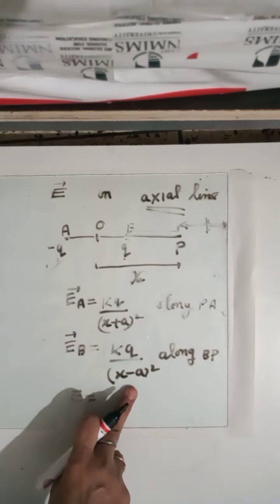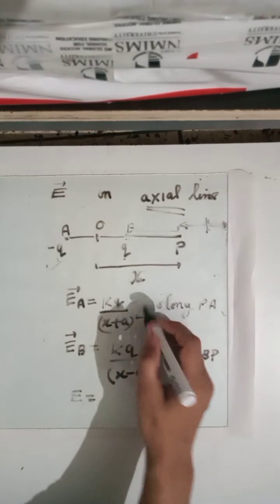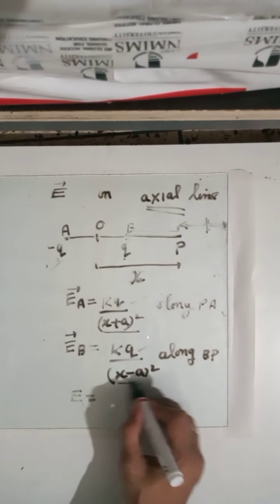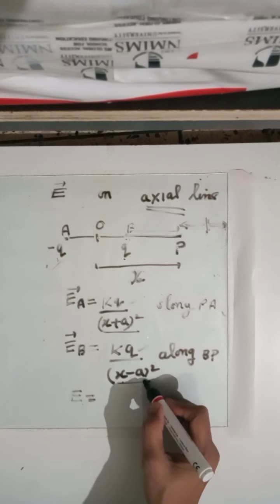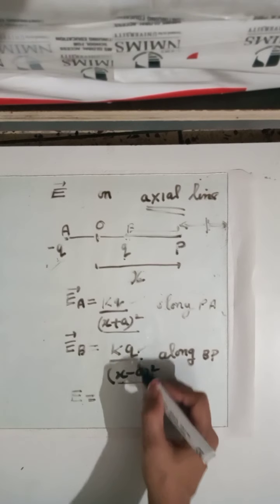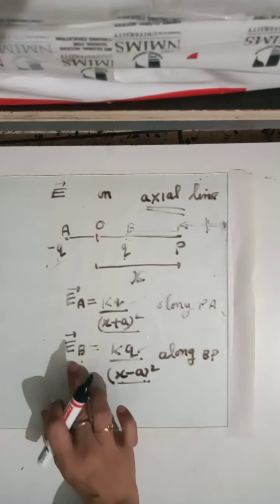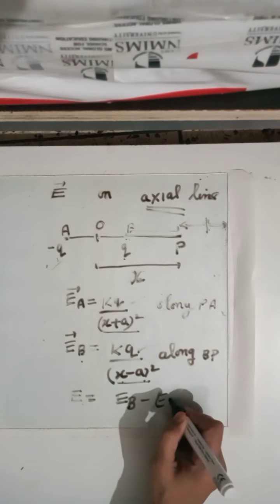The value of this one is greater than this one. Why is this greater? Because the numerators are the same, its denominator is less. The lesser the denominator, for the same numerator, the more the value. So EB is greater than EA. Net electric field will be equal to EB minus EA.